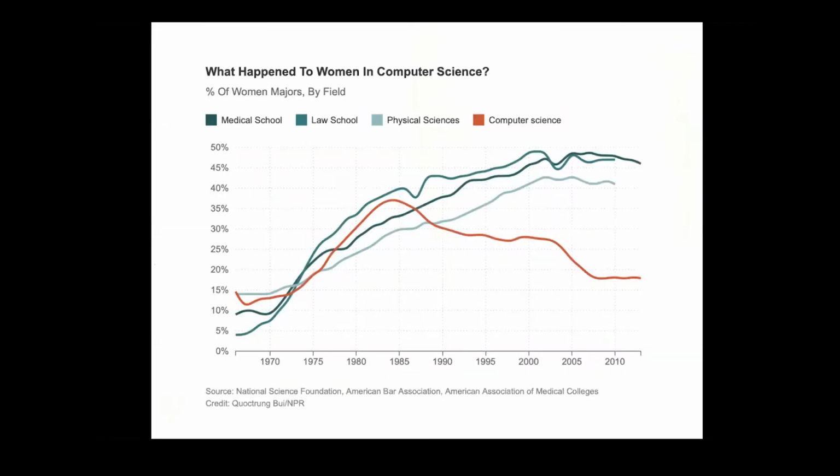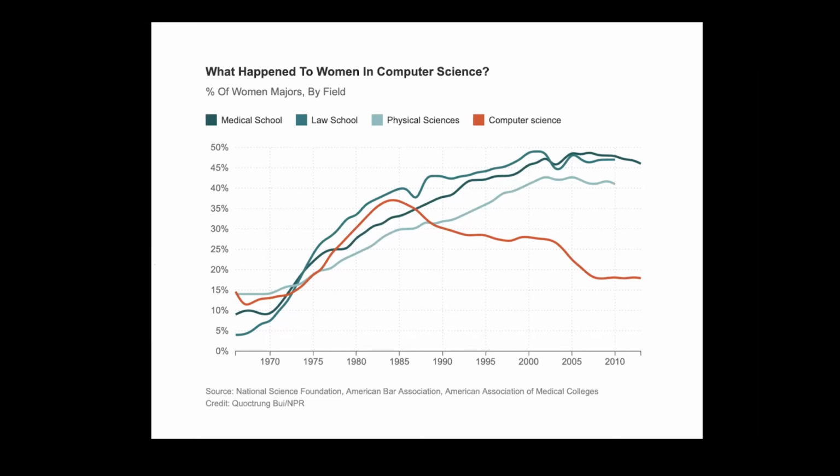But all that changed. So you can see, just before 1985, actually it was 1984, the number of women majoring in computer science went down. Like all these high-powered fields like law, medicine, the sciences in general, the number of women in those fields kept going up steadily over time.